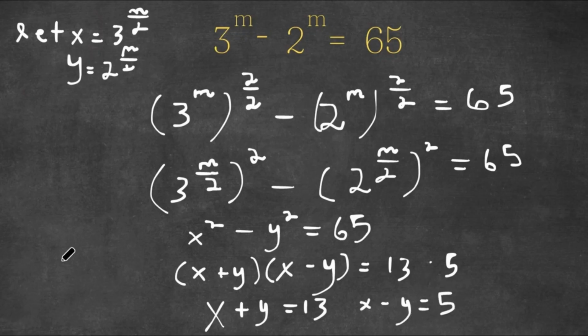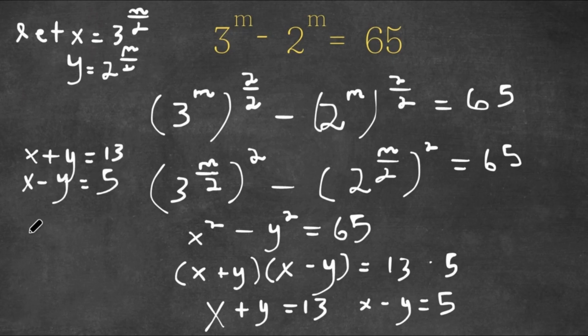So now if I add these two together, x plus y is equal to 13 and x minus y is equal to 5. If I add these two together, I get 2x. There's not going to be any y because plus y and minus y cancel out, and this is equal to 13 plus 5, which is 18.